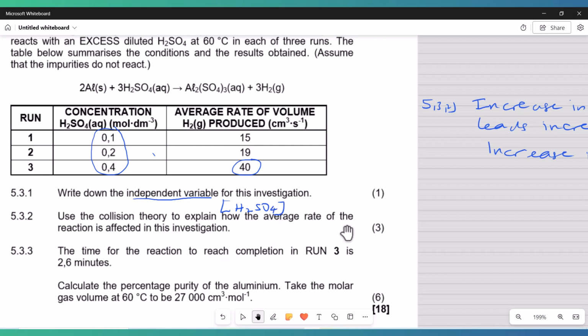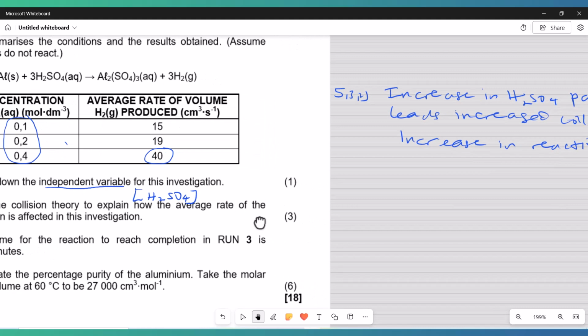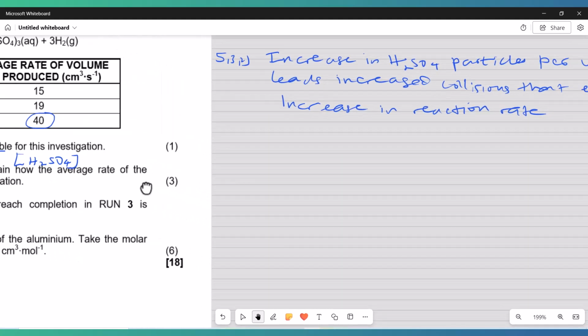So here we go. They gave us 40, but what do we know? Depending on the units for the rate, which is cubic centimeters per second, I'm going to say that the rate, that is 5.3.3, equals, look at my units, the change in volume divided by the change in time. Because the rate is 40, I'm going to say this is 40. Now this is for hydrogen, so the change in the volume of hydrogen is what we're talking about here.